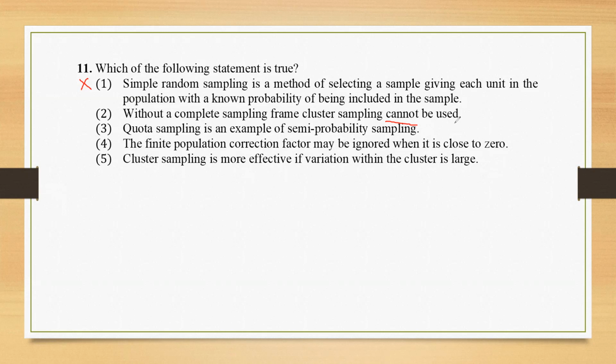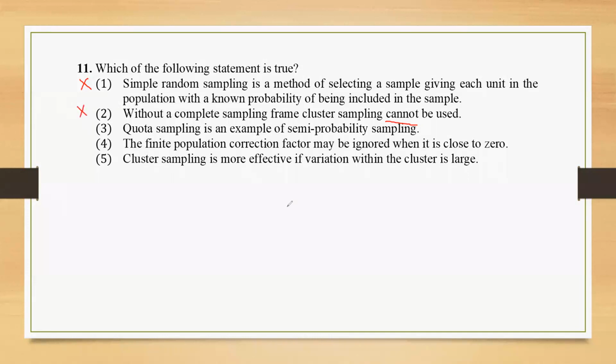Even if there is no sampling frame, we can perform cluster sampling. Actually, it is an advantage of cluster sampling when compared to other sampling techniques like simple random sampling, stratified random sampling, and systematic sampling, right? So therefore, the second statement is also incorrect.